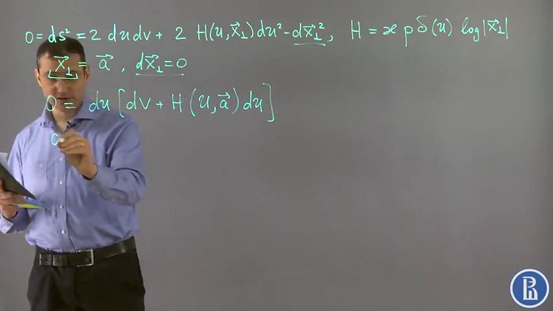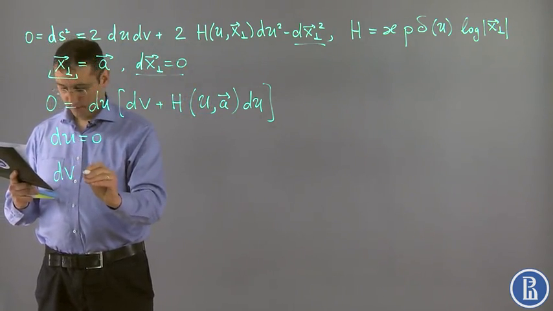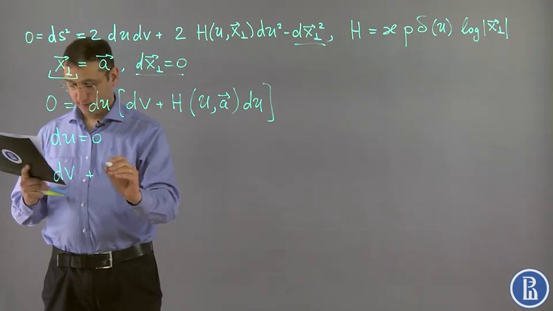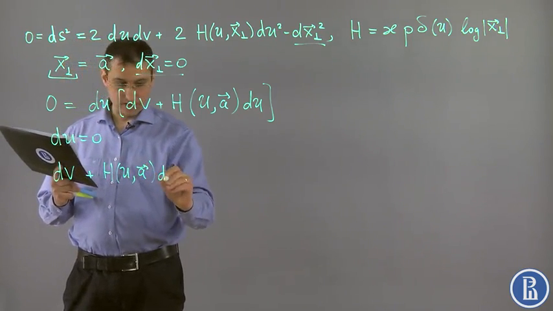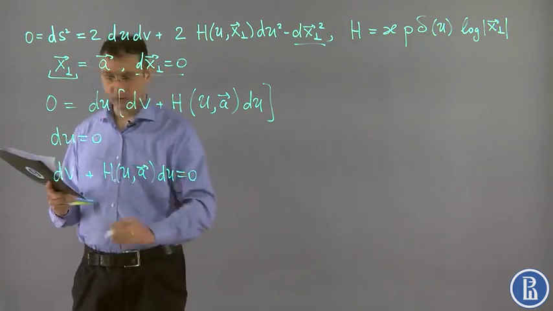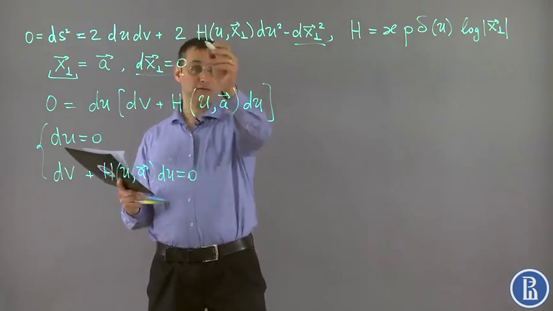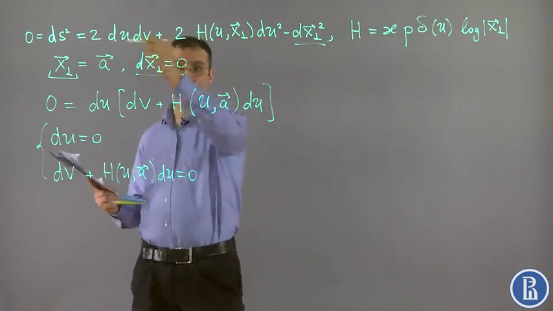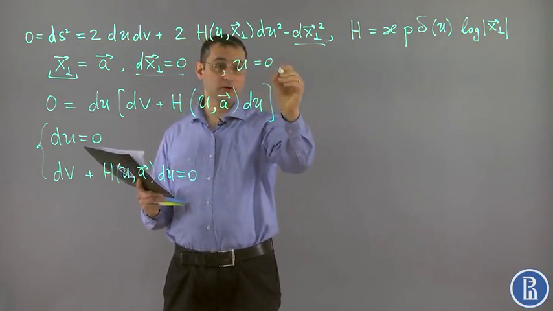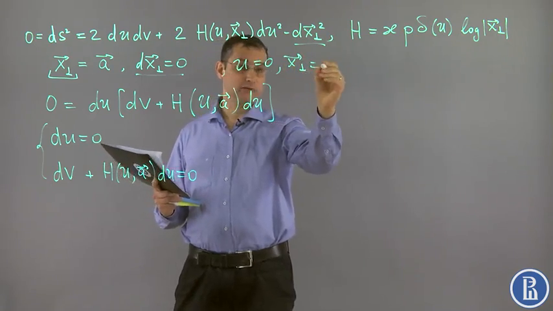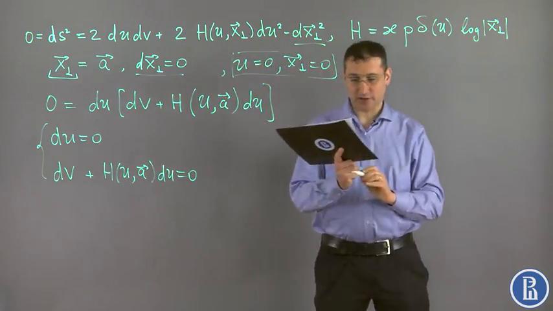One type is du equal to 0, and the other type is dv plus h as a function of u and a times du equals to 0. So these are two types of geodesics. Remember that the world line of the source of this wave is u equals to 0 and x⊥ equals to 0. So let me draw the picture.